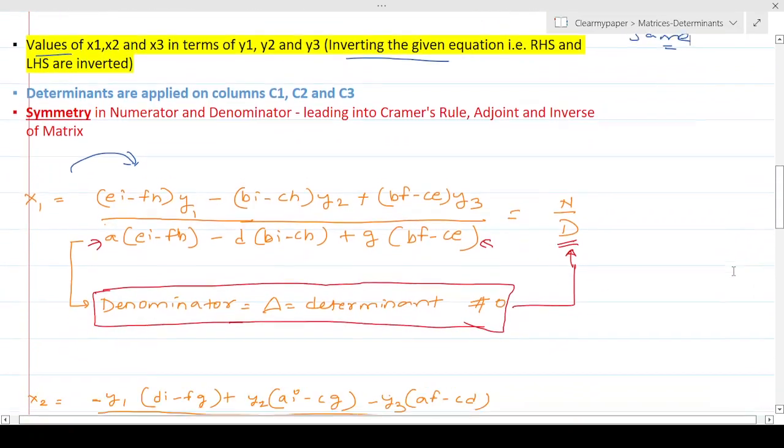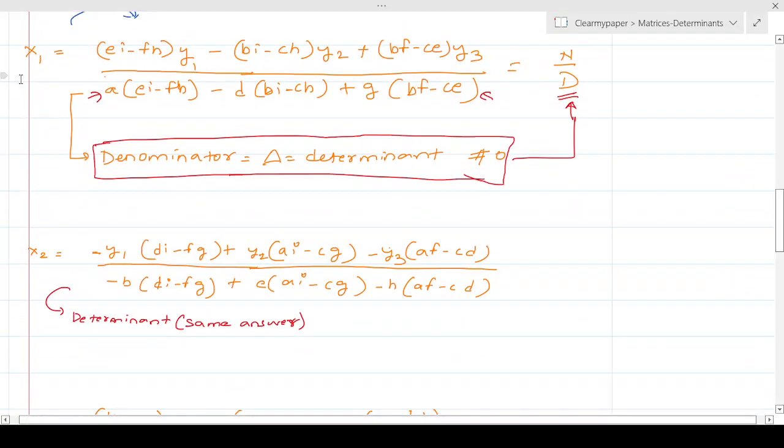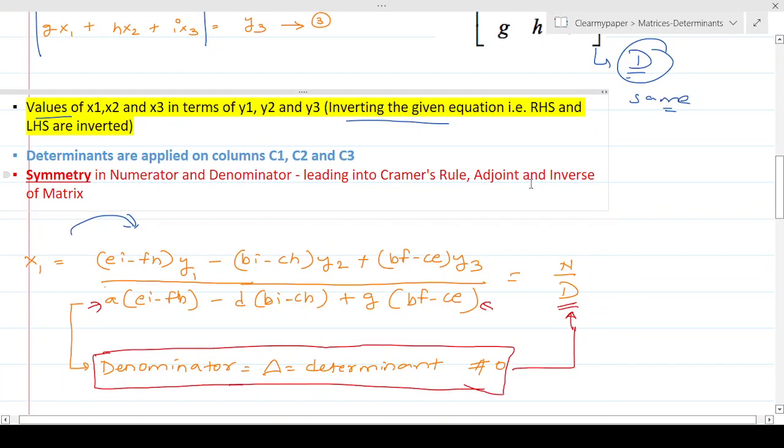That's the beauty of the determinant. So although all these denominators for x1, x2, x3 look different, the value will always be the same, and for the solution to exist it will not be equal to 0, and we have done that zillion times. And this is what will help us in defining the adjoint and the inverse of the matrix.